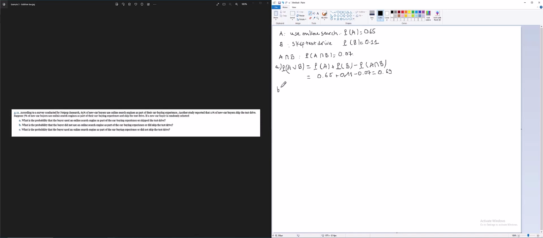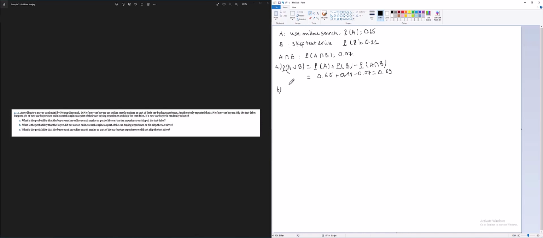So part B is a little bit more complicated. We need to find the probability that a car buyer does not use the online search or skips the test drive.